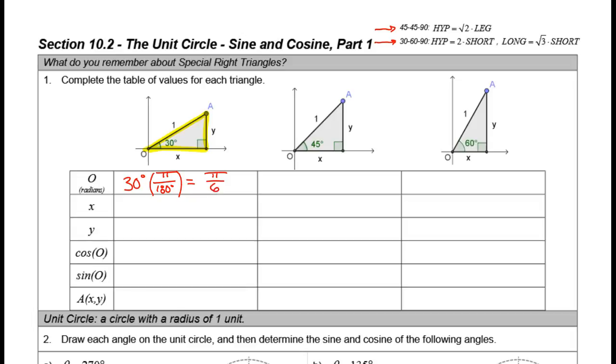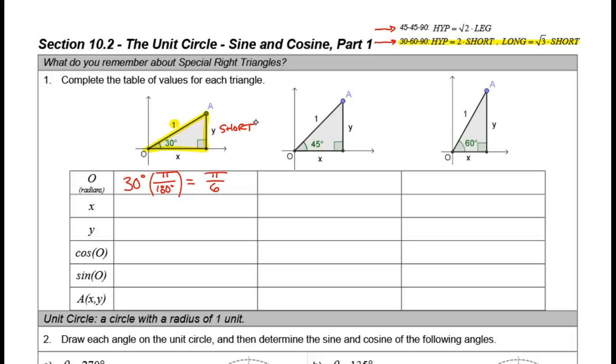Okay, so how do I come up with the x and y values for this triangle? Well, I start by looking at the fact that the hypotenuse has a length of 1. If I go up to my special relationship that I'm highlighting up here for the 30-60-90 right triangle, the hypotenuse is 2 times the short leg. Okay, so what the heck's the short leg? Well, that's this one across from the 30-degree angle.